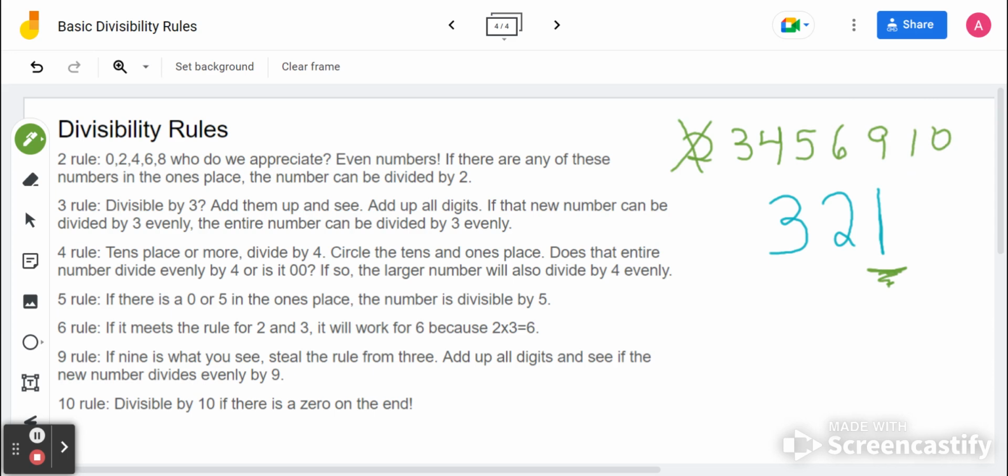Divisible by 3, add them up and see. So the rule for 3 is if you add up the digits and that is divisible by 3, then the entire number is divisible by 3. So we're going to add these digits: 3, 4, 5, 6. 6 can be divided by 3 evenly, so that means this entire number is divisible by 3.